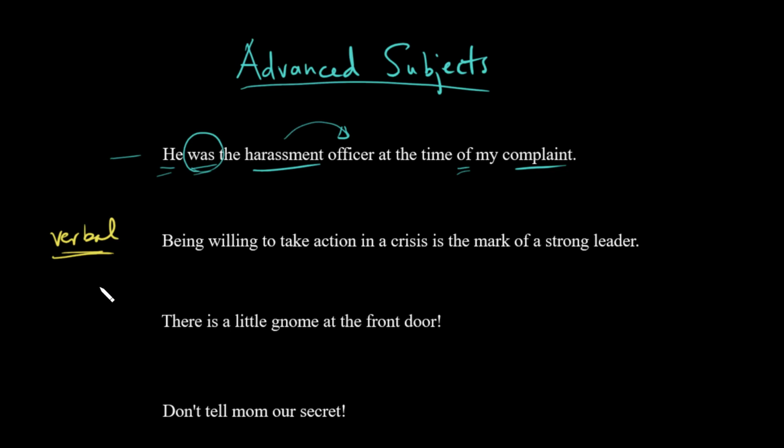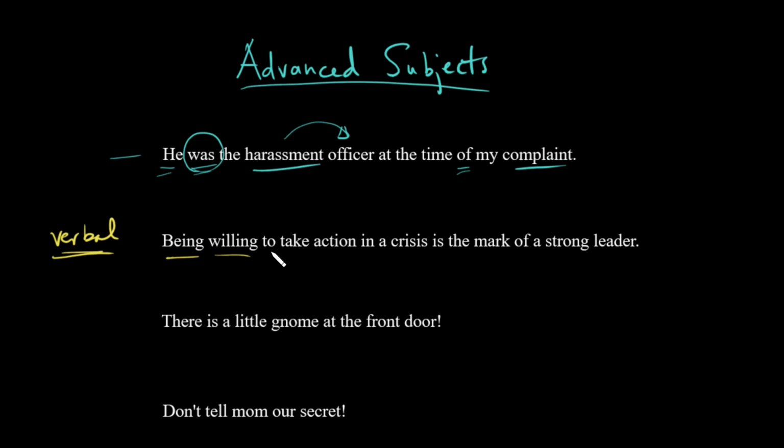An example would be a present participle, and in this case we have two in a row here, "being willing." Okay, these are both present participles. They end in -ing, and they don't have any helping verbs with them, right? So they can't be the main verb of the sentence.